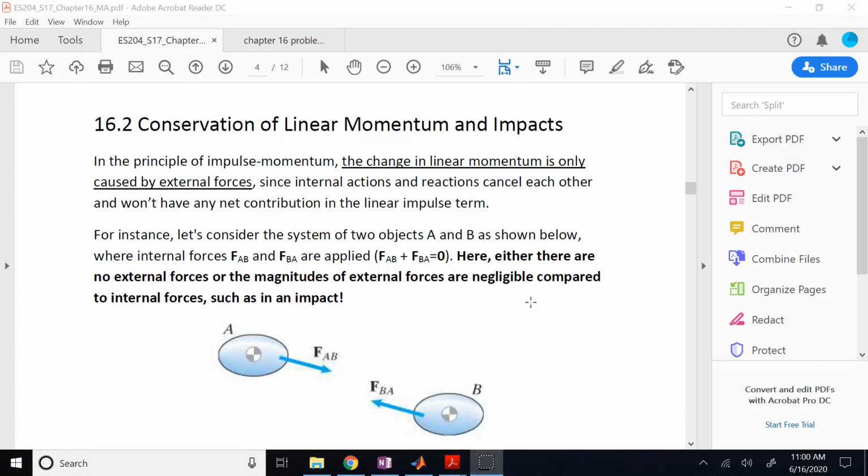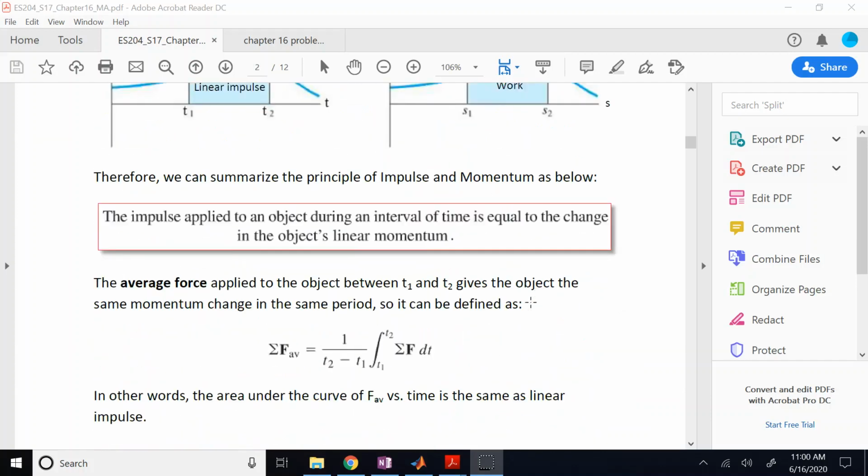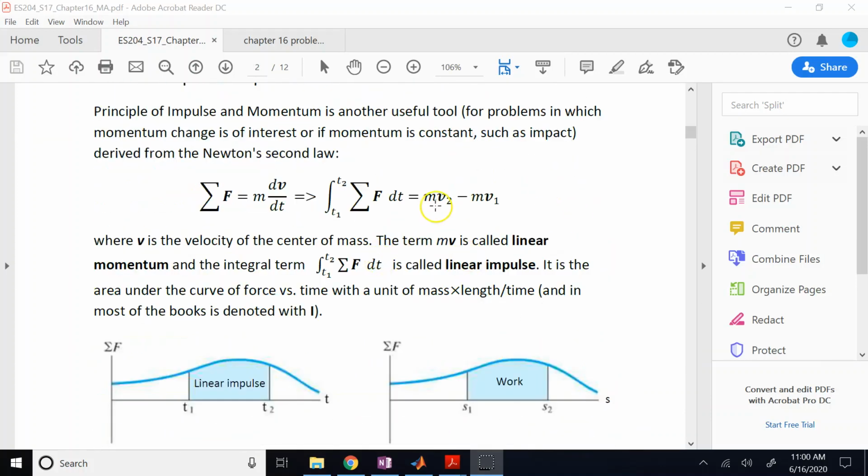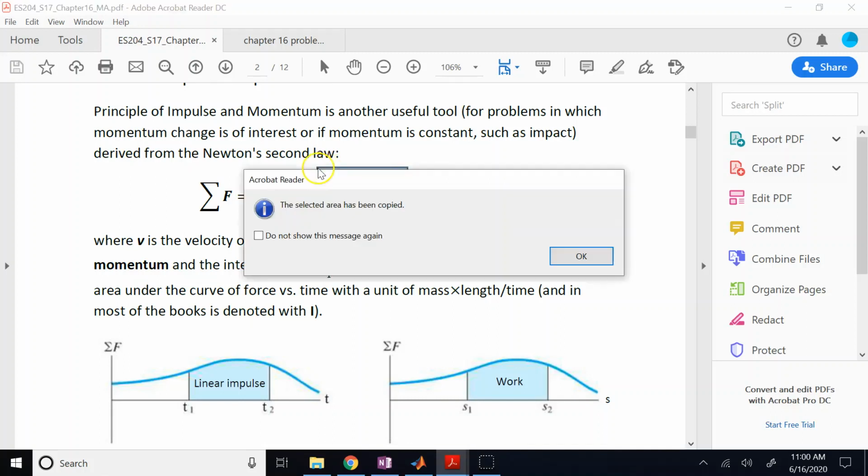So now that we have some time, I would like to continue this and move forward into the next topic and use our time here. So when is it that the linear momentum is conserved? Okay. So according to this principle, this quantity mv is conserved, which means it doesn't change, means mv2 is equal to mv1, or the left hand side is equal to 0, right?